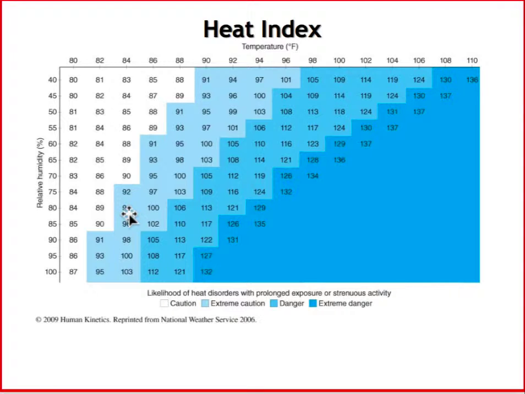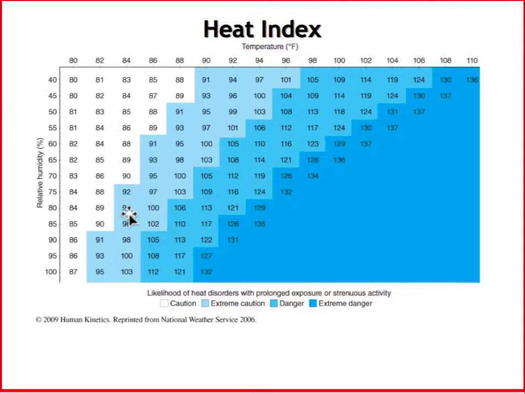So if you are dehydrated or hypohydrated, your body water is low, then you may not be able to sufficiently cool your body, and your chance of heat stroke is a lot higher. So hypohydration is a risk factor for heat stroke.